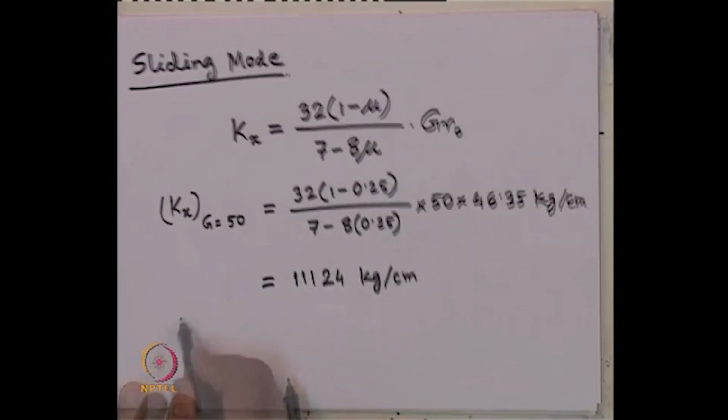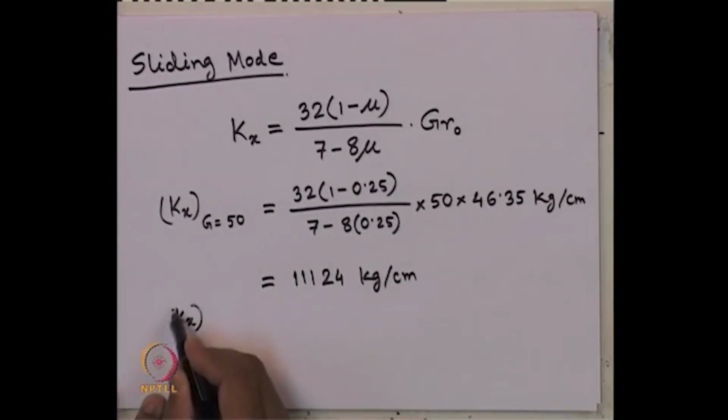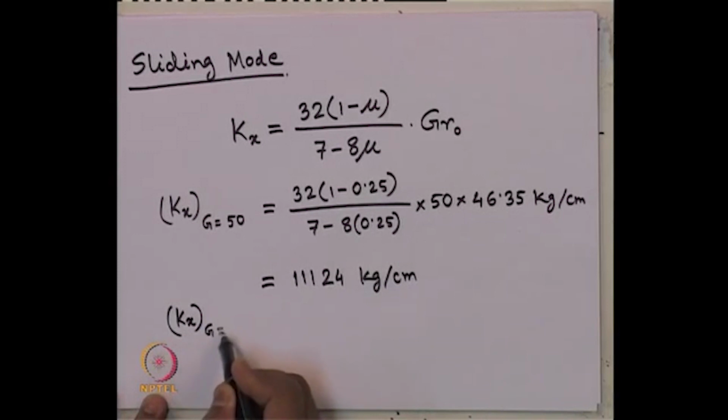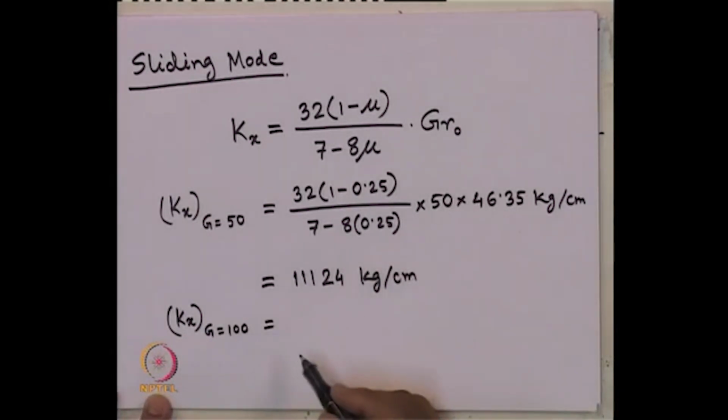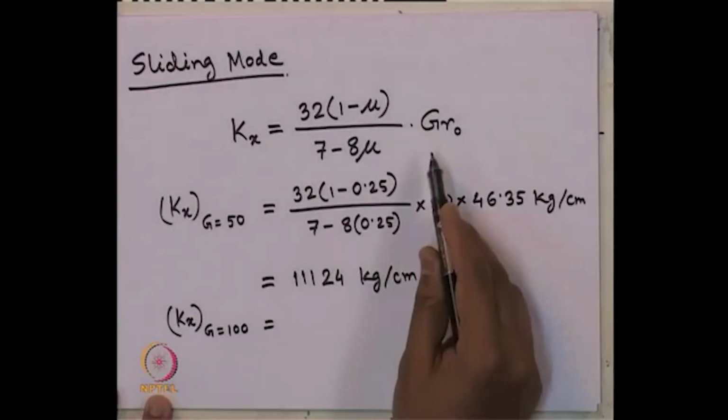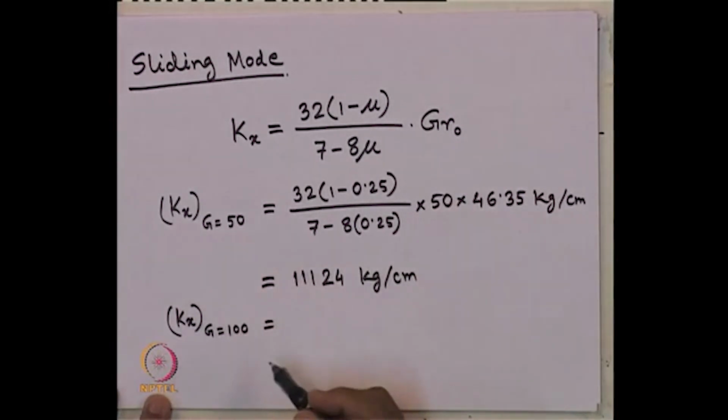For the other two types of soil, Kx for G equals 100 will again just increase linearly, because G is linearly increasing, just double of the previous one.